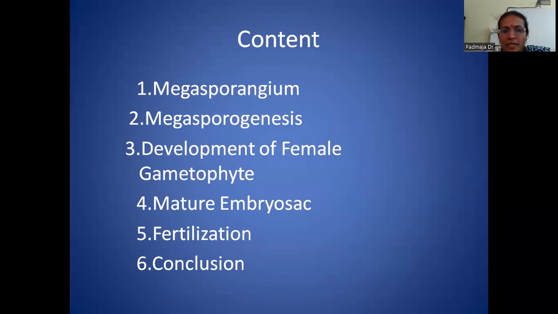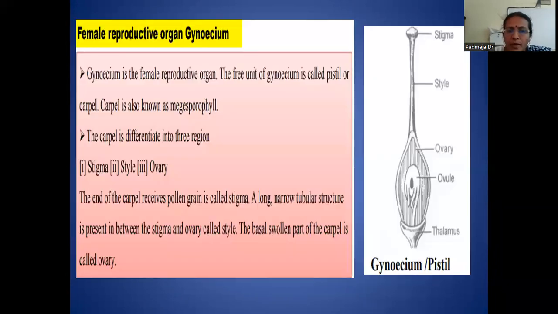Yesterday, in the same way, we completed the microsporangium, microsporogenesis, development of male gametophyte, and formation of the pollen tube and the male gametes. So today we are going to start the megasporangium.